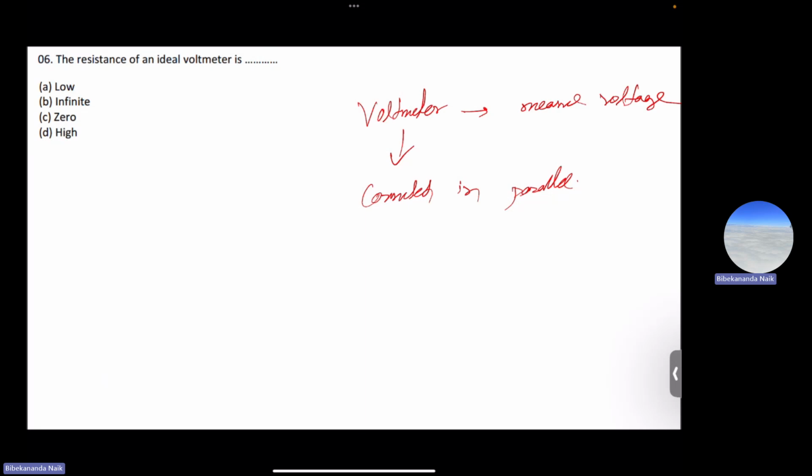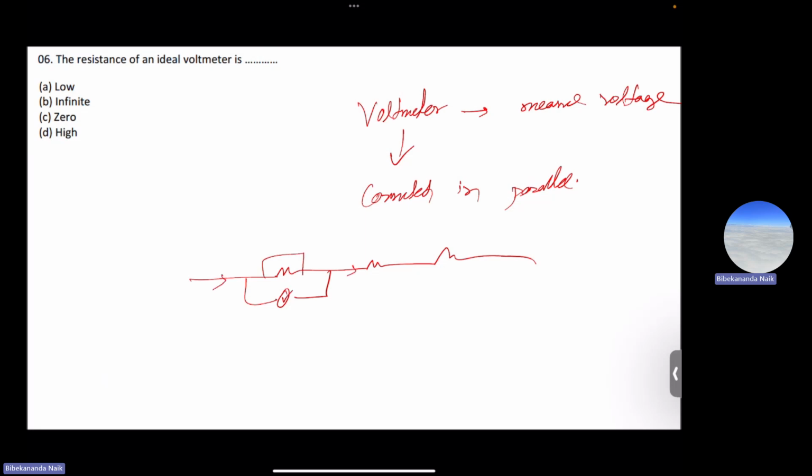In order to accurately measure the value of voltage, suppose this is a circuit and we want to measure the voltage.